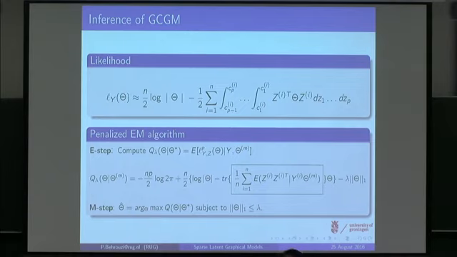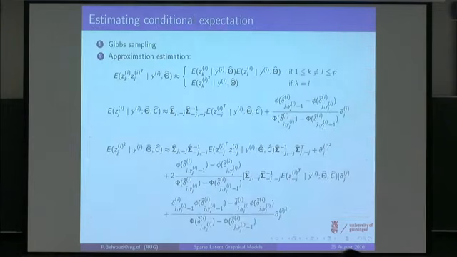We want exact zeros, so we use the L1 norm. But the Q function looks like this, and we still need to calculate this part. We propose to go in two ways.